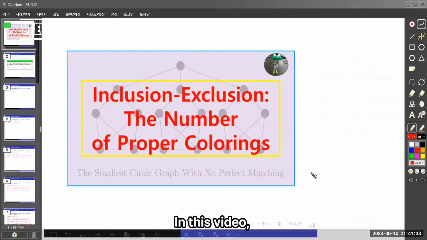In this video, we're going to learn how to count the number of proper colorings by using the inclusion-exclusion formula.